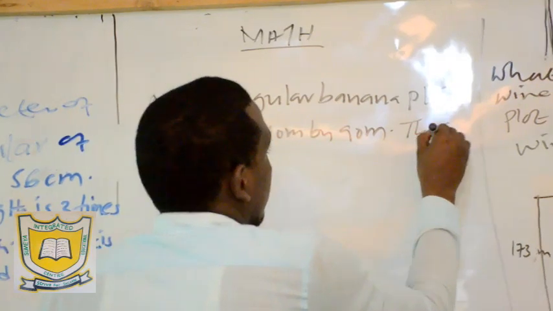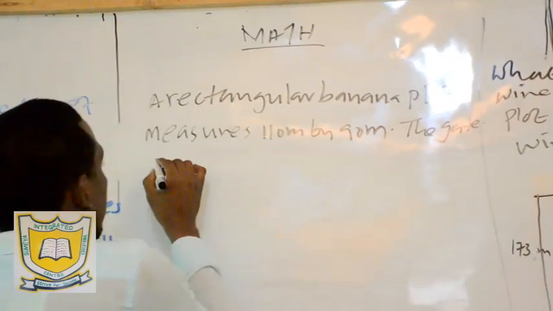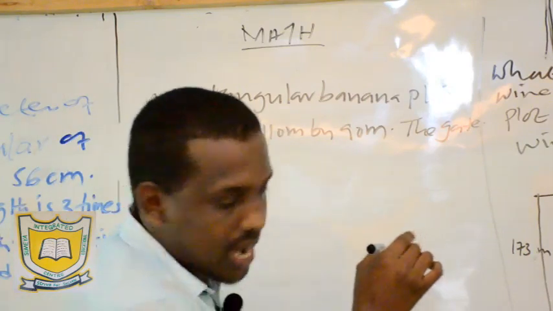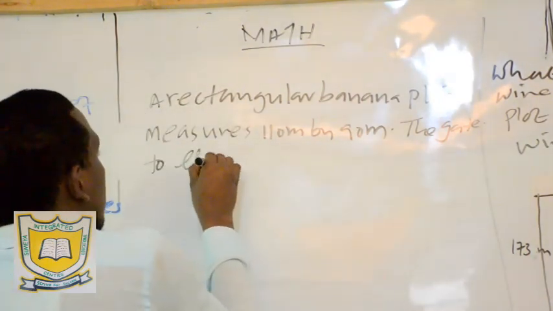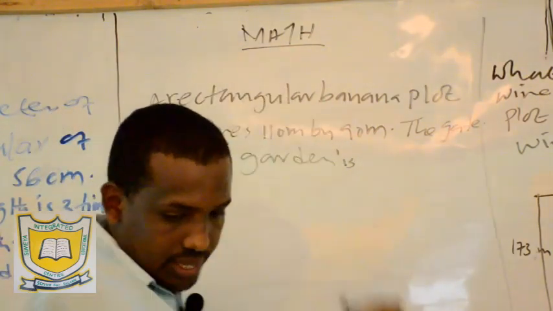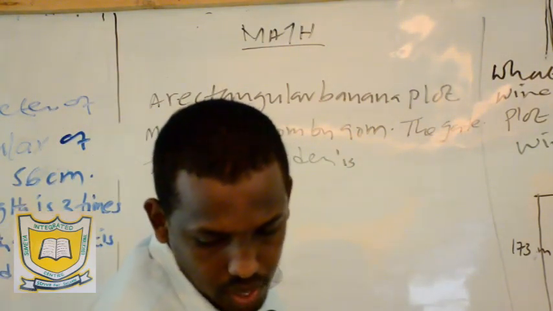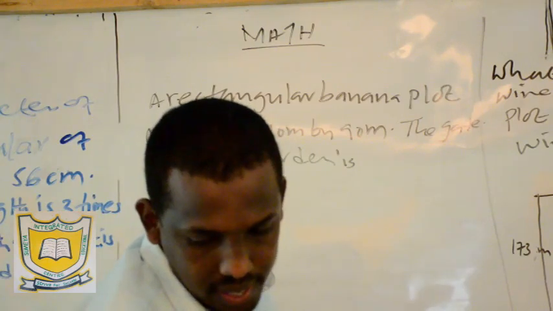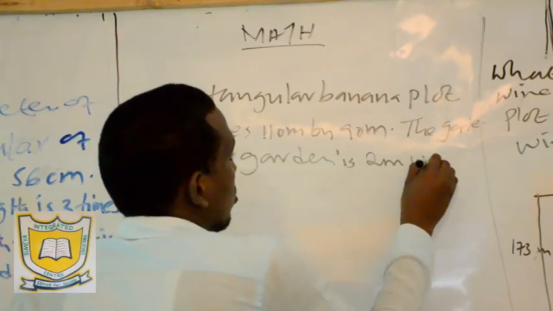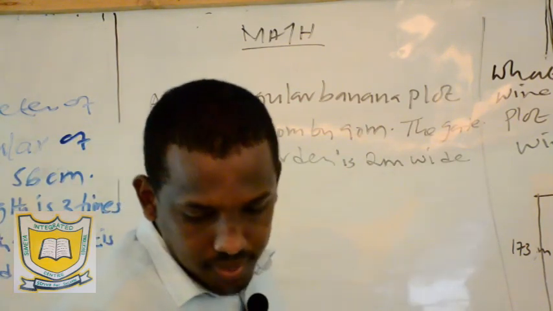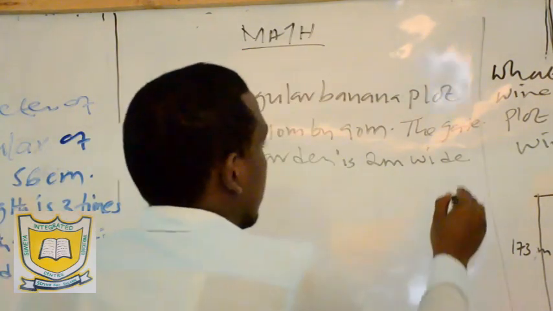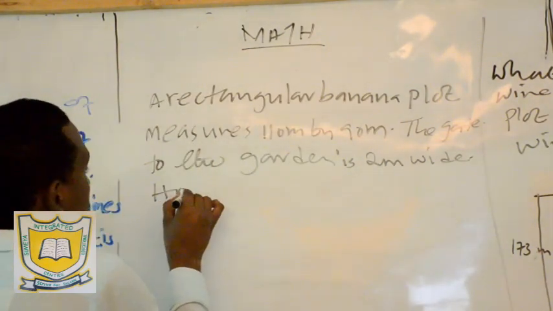They say the gate to the garden is 2 meters wide.